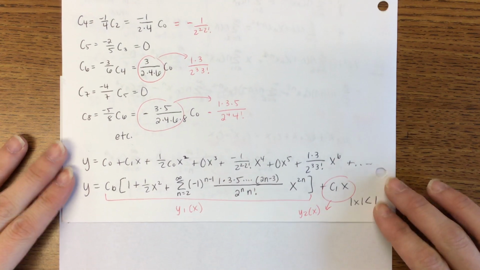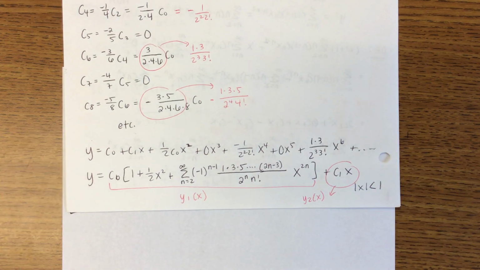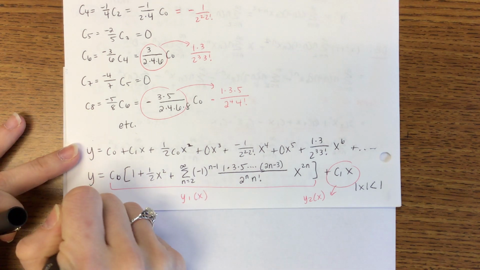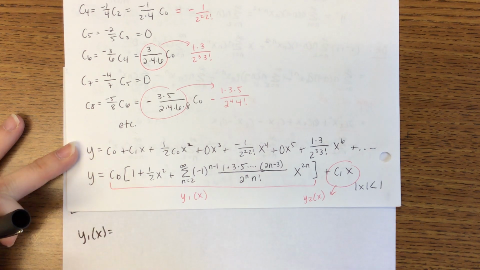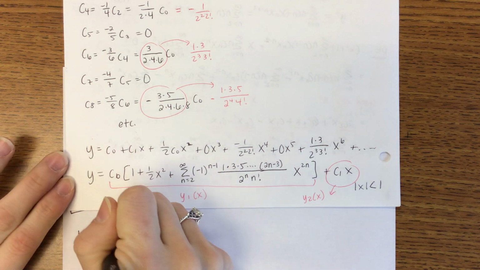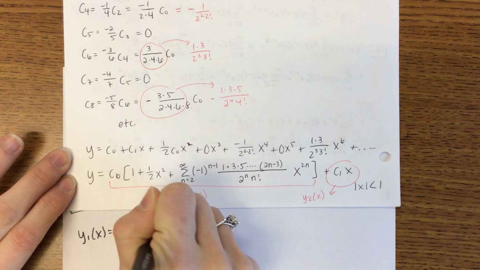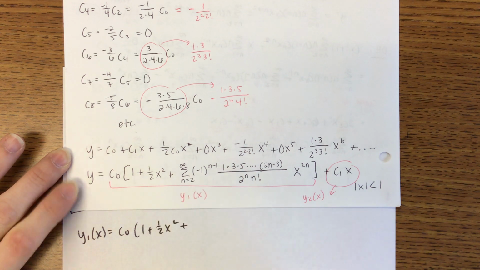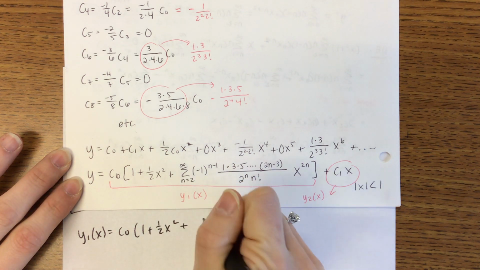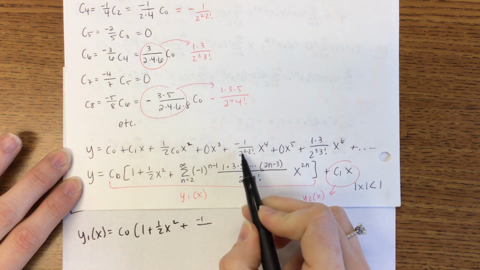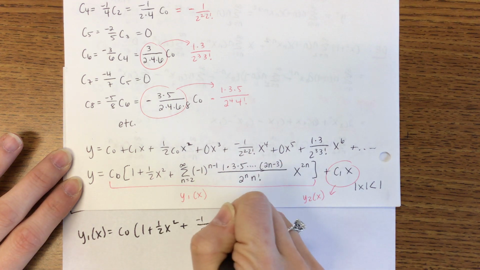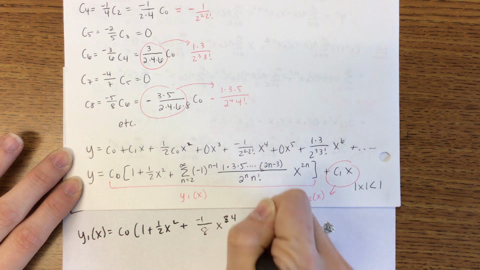Okay, besides in red, the other way that I would accept your answer is if you put y1(x) equals, factoring out the C0, 1 plus 1/2 x squared plus -1/8 x to the 4th, where 4 times 2 is 8.